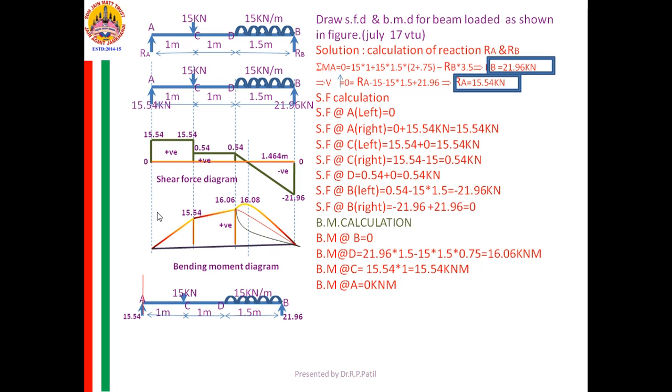To judge that one, you go for the SF diagram. You check in the SF diagram, anywhere the SF is changing its sign, becoming plus to minus or minus to plus. Yes, in the part DB, SF is changing its sign. At that location, bending moment will be either maximum or minimum in the part DB.